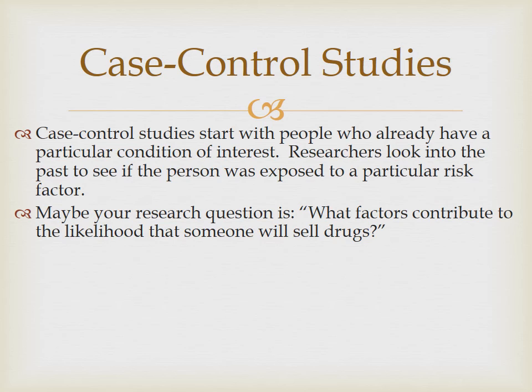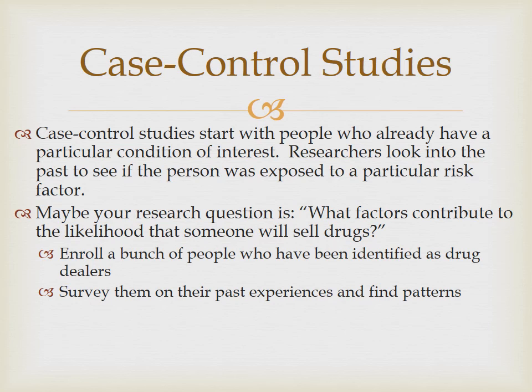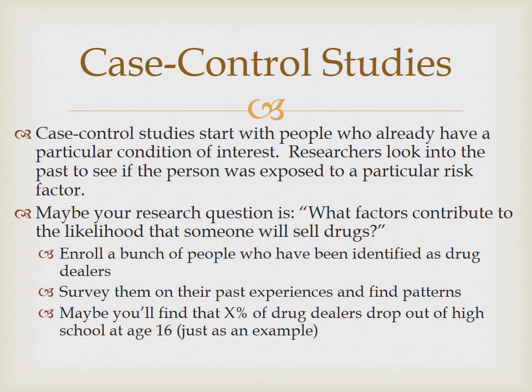Maybe your research question in this case is, what factors contribute to the likelihood that someone will sell drugs? Well, then you're going to be enrolling a bunch of people who already identify in this condition. Maybe they've already been identified as drug dealers. They're already somebody who sells drugs. And now you want to find out in their past what they've gone through and see if you can find any patterns that are similar among people who identify as those who sell drugs. That would be a case control study.